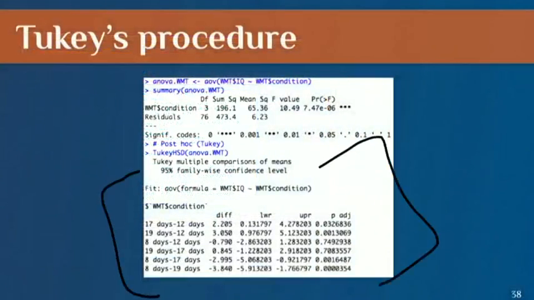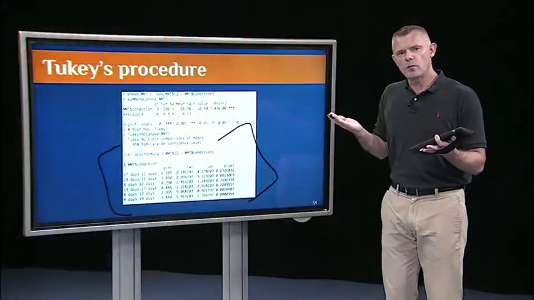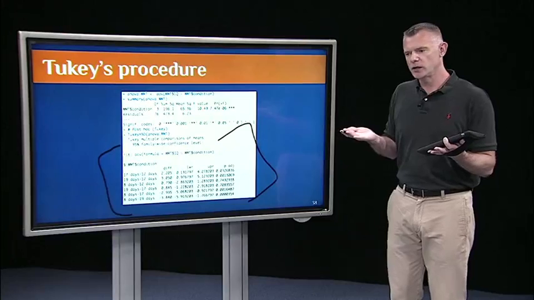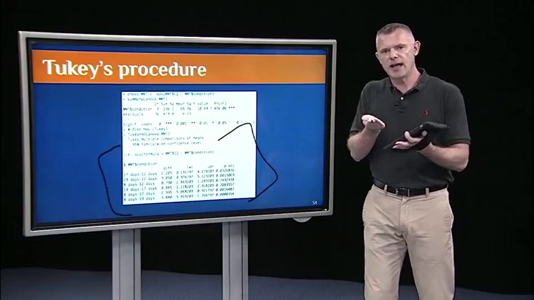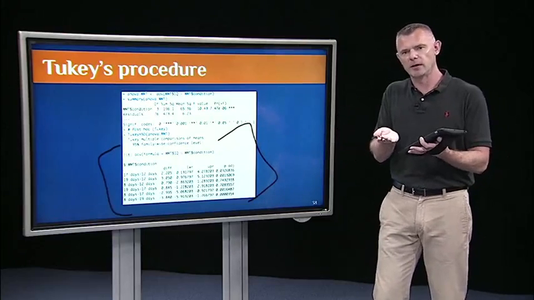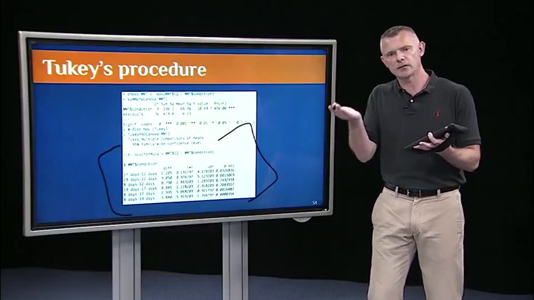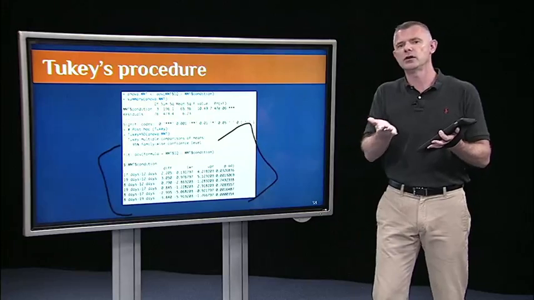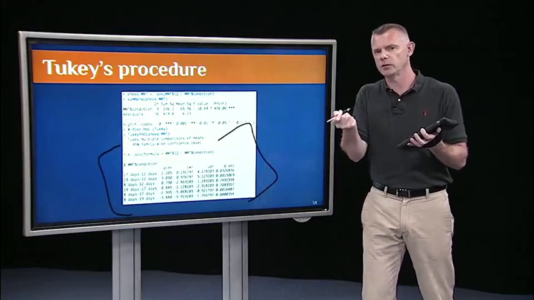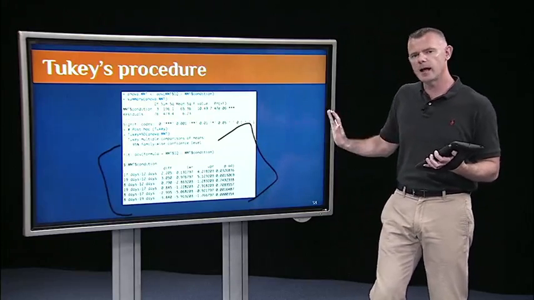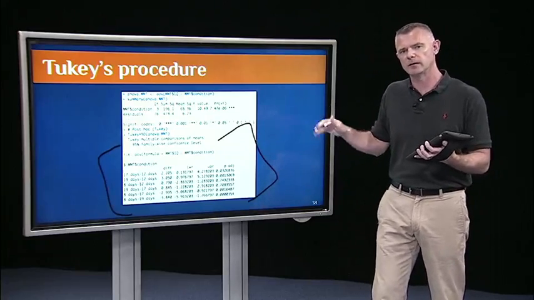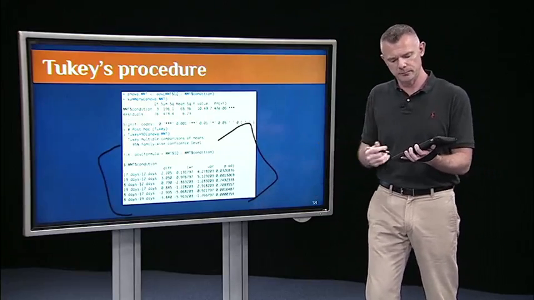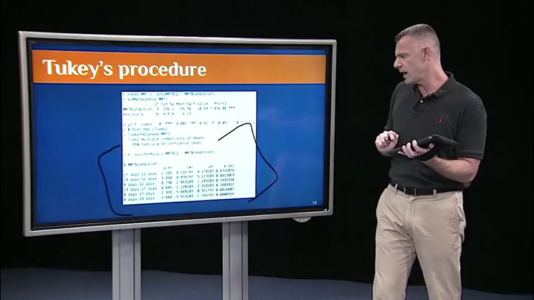The logic behind Tukey's procedure is he assumed that what most researchers are going to want to do is engage in all possible pairwise comparisons. So he just corrects for that many comparisons. You could do more than that. You could combine groups and compare them to another group, but he stops at just all pairwise comparisons and corrects for that many. And here you see the p-values.